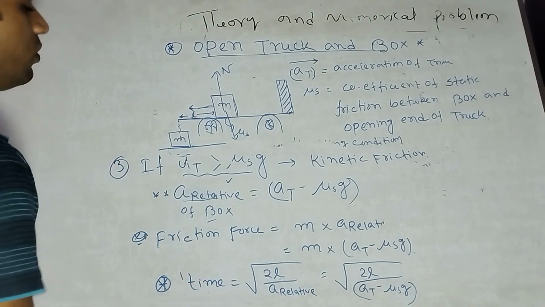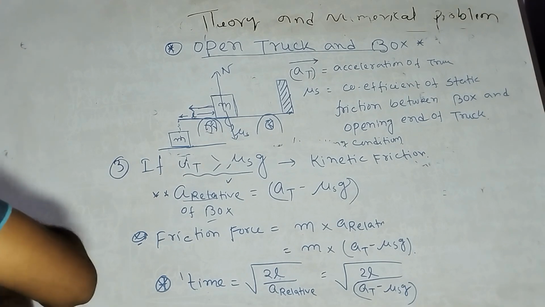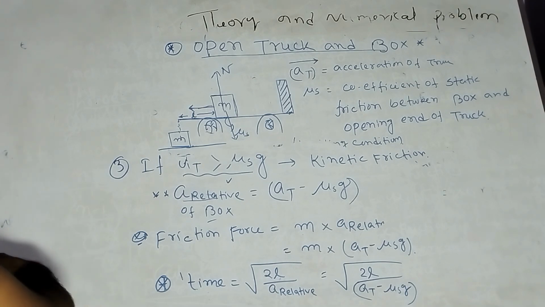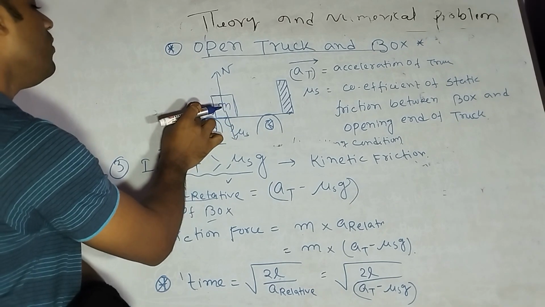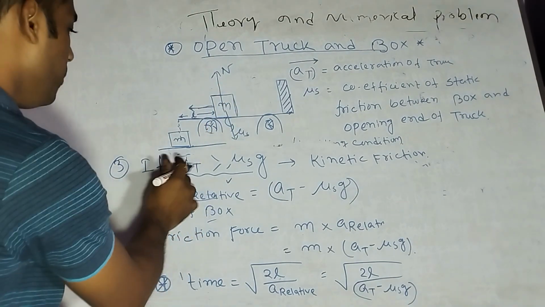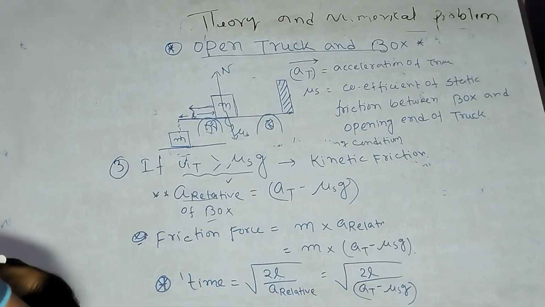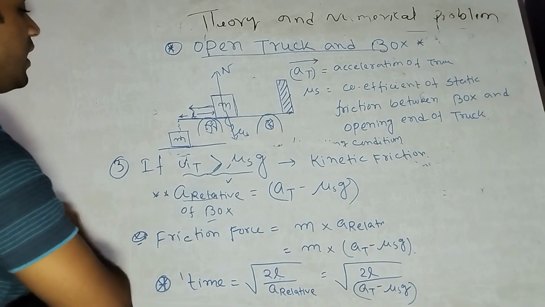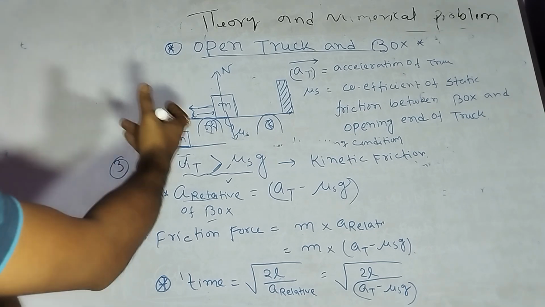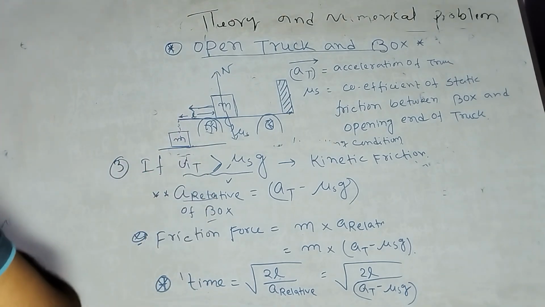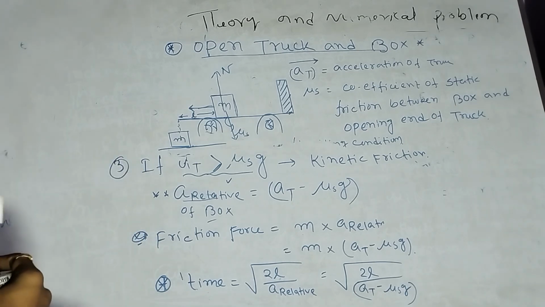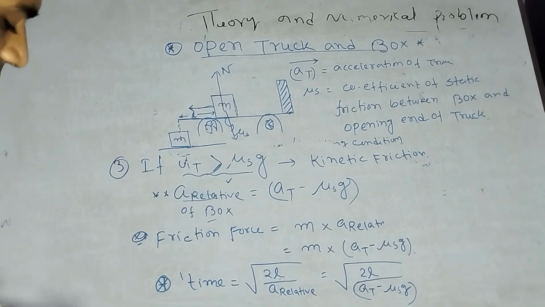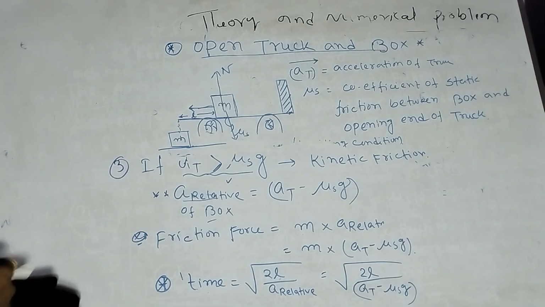The box is present L distance from the opening end of the truck. This is very important for the truck and box problem. If friction is kinetic friction, you can justify this equation: AT greater than mu s g. The numerical problem for kinetic friction in this truck and box problem is given below.